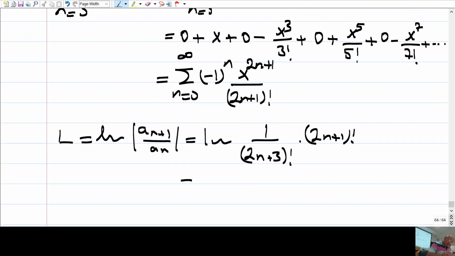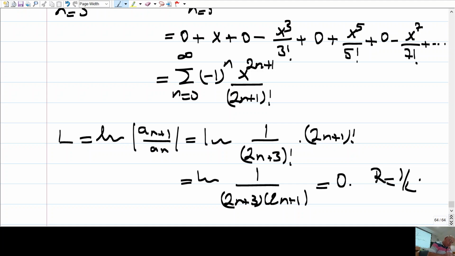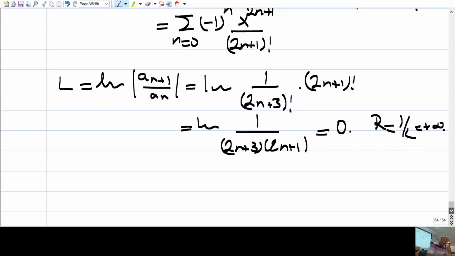So this will be just the limit of 1 over (2n+3) times (2n+2) as n goes to infinity. Of course, this is 0. Therefore, R, which is 1 over 0, is infinite. So the Taylor series or Maclaurin series converges for all x.